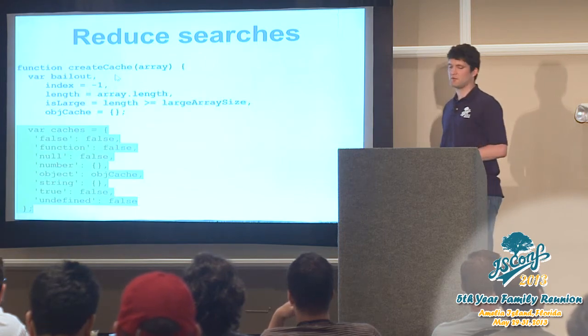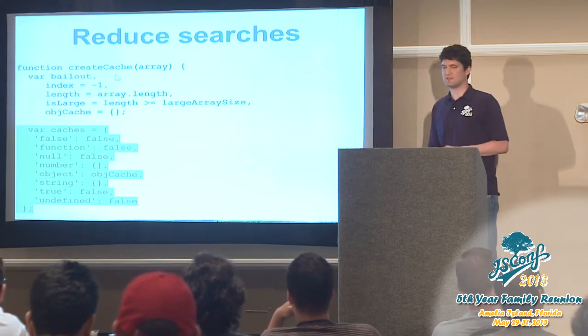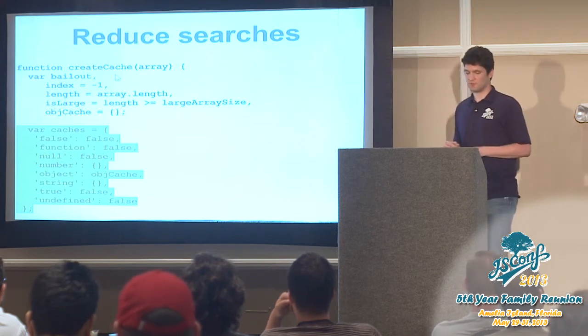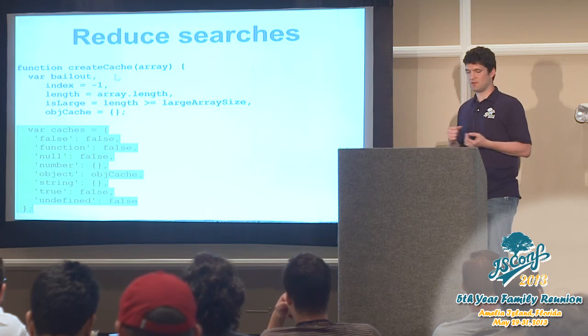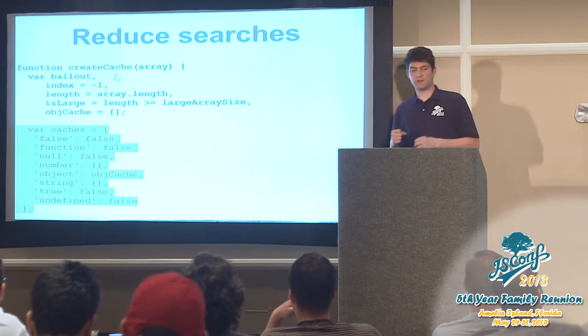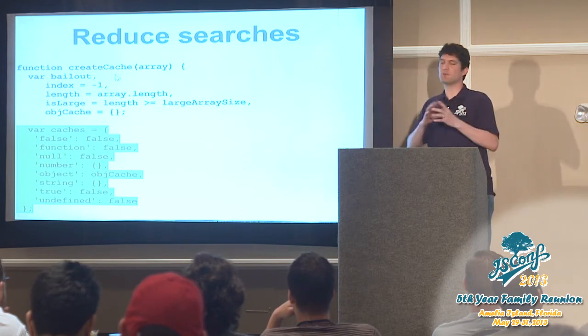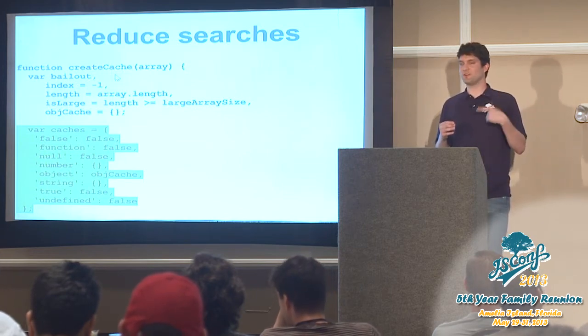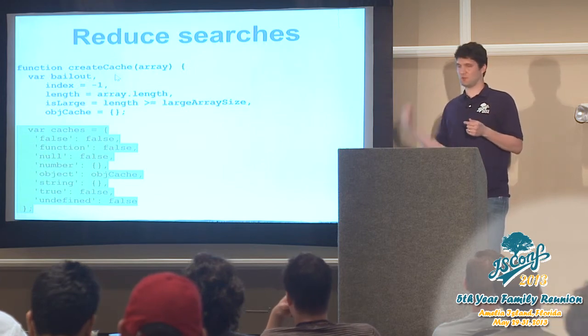So there's an alternative technique that you can do that takes it another step further. And this is what I'm doing in the next version of Lodash. Instead of creating a bunch of smaller arrays, it's doing a hybrid approach of the first naive approach, which was to do object properties, and it's also doing arrays.